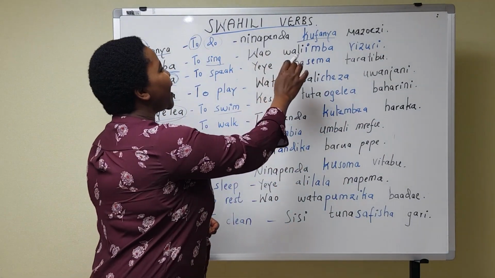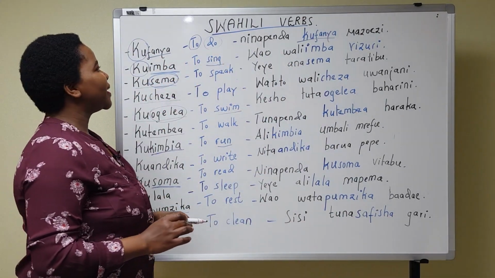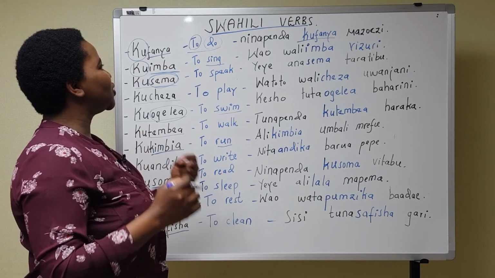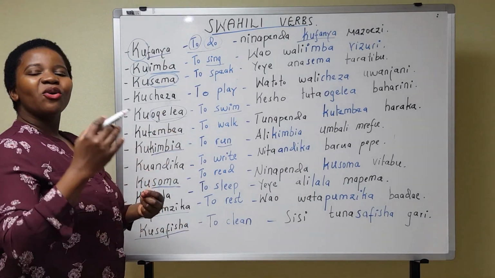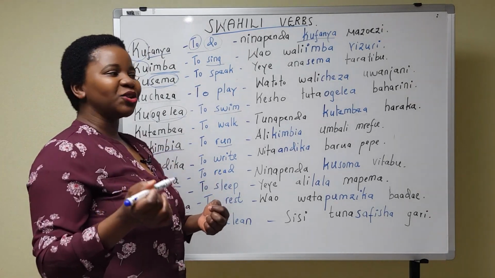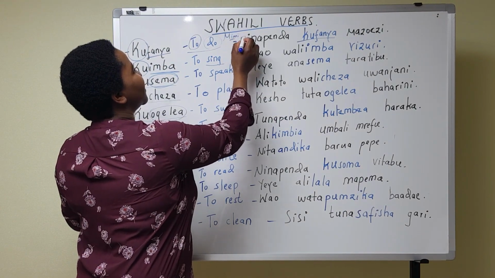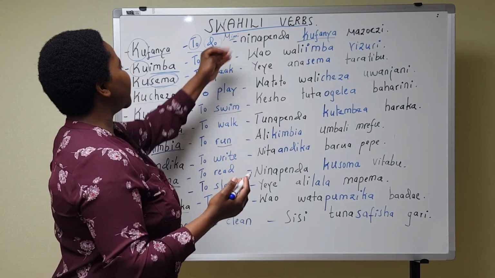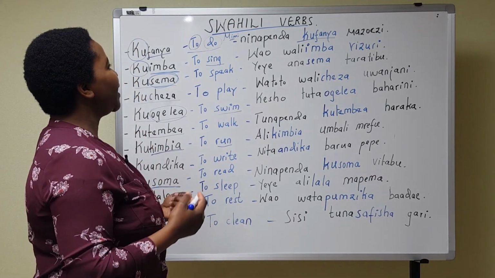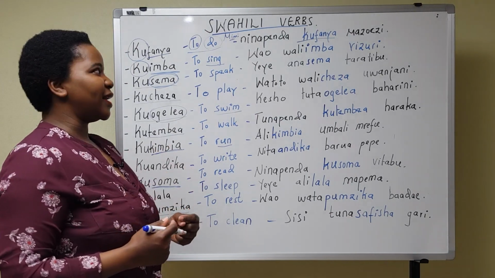Ninapenda kufanya mazoezi means I like to do exercise. You can start with mimi, but it's okay if you don't use these personal pronouns. So ninapenda kufanya mazoezi, or mimi ninapenda kufanya mazoezi. I like to do exercise.